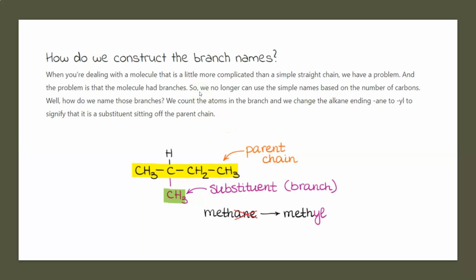How do we construct the branch name? Well, first of all, you have to determine which one is the longest chain that we call the parent chain. And then we recognize the different substituents that are the branches.